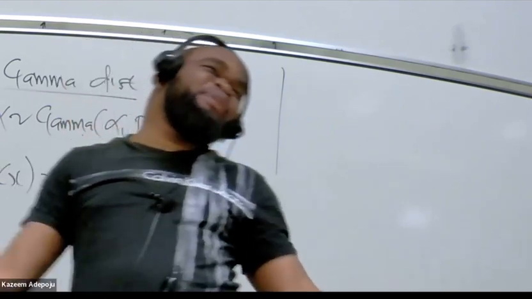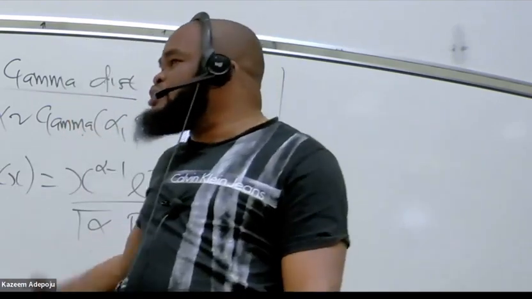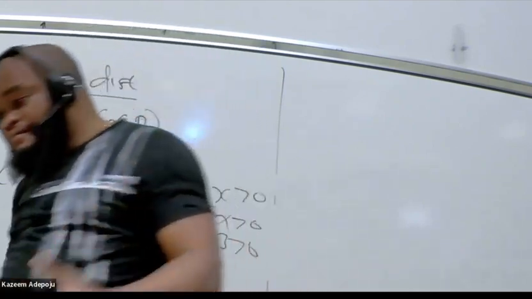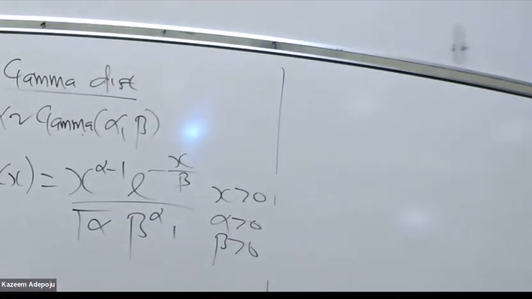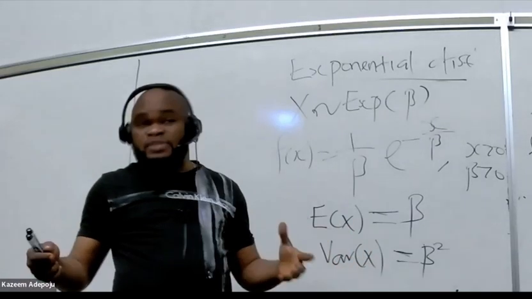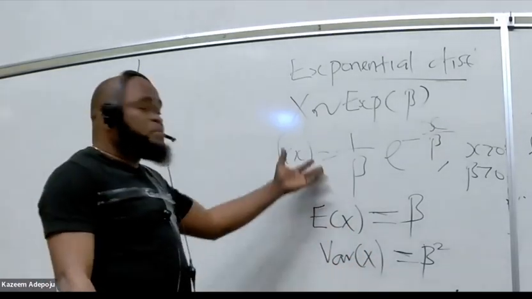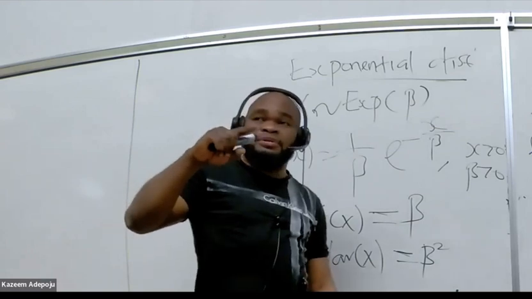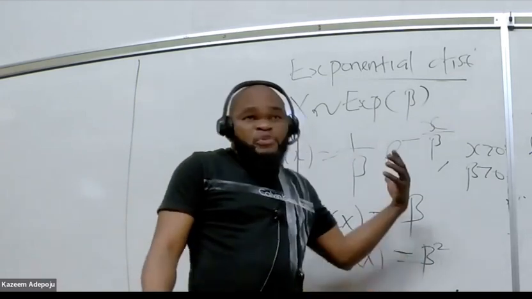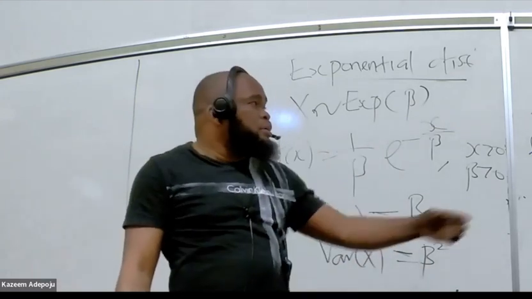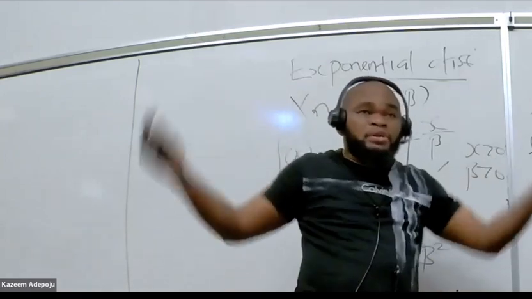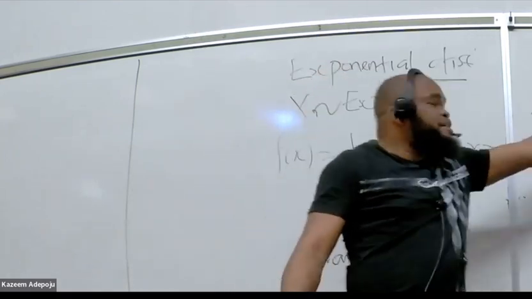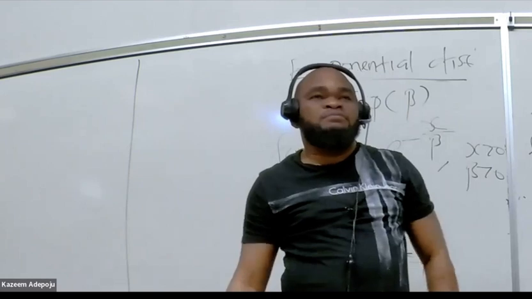What is different between the two? The two of them actually model the waiting time before the occurrence of an event, except that with exponential we're focusing on one component, but with gamma we're focusing on more than one component. The alpha is going to be the number of components.